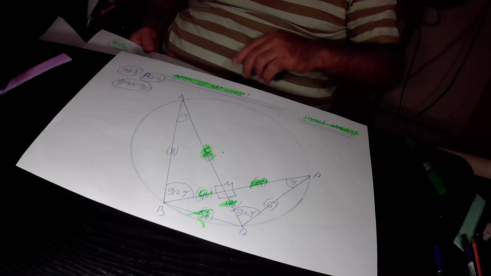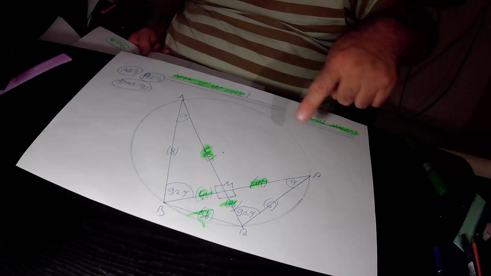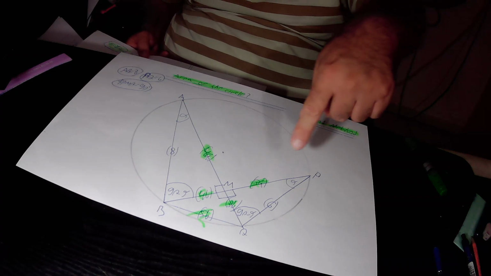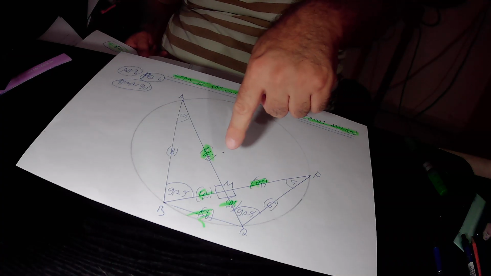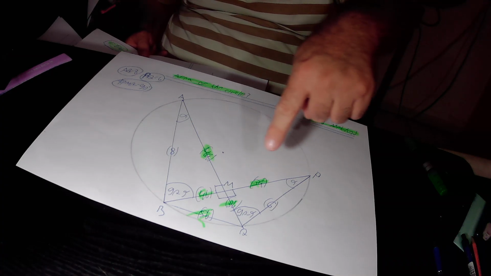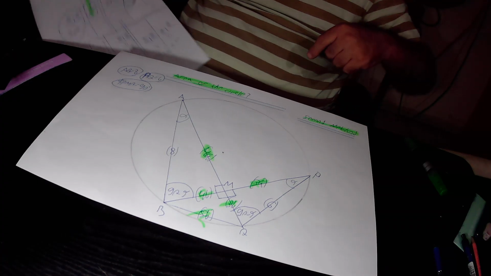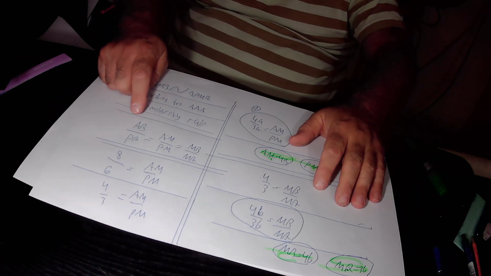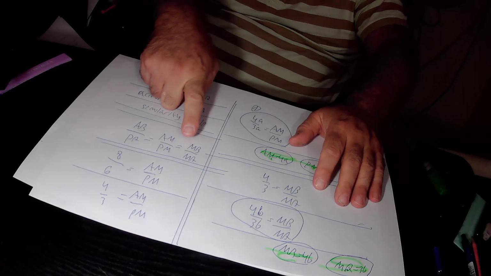Side AB of the right triangle AMB, or side PQ of the right triangle PMQ, is equal to side AM of the right triangle AMB, or side PM of the right triangle PMQ, and it is also equal to side MB of the right triangle AMB, or side MQ of the right triangle PMQ. And we derive that AB over PQ equals AM over PM equals MB over MQ.